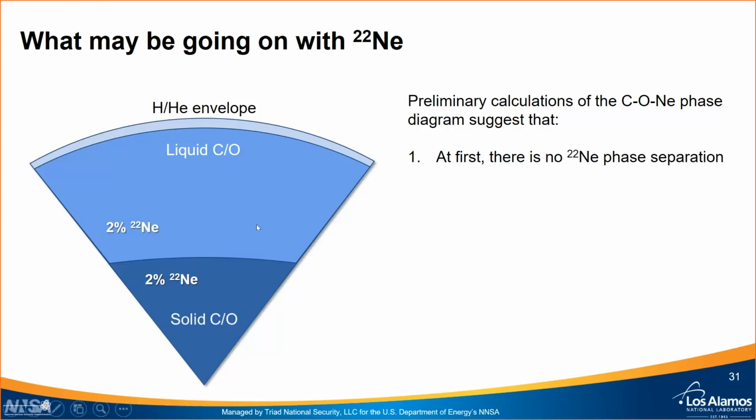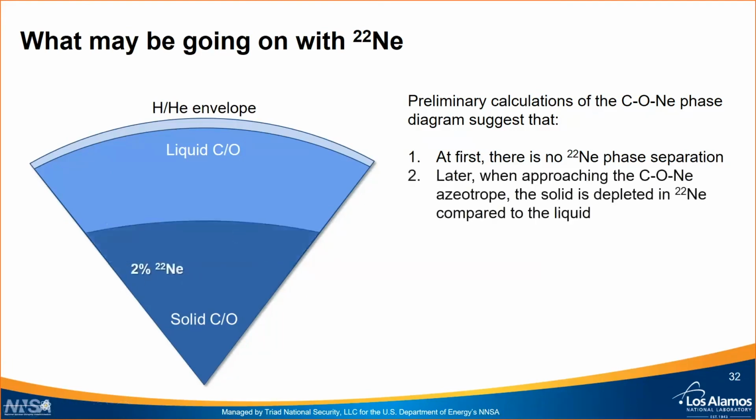What seems to be happening is that at first the white dwarf crystallizes without neon phase separation, so you have as much neon 22 in the solid as in the liquid, but eventually, when about 2/3 of the white dwarf is already crystallized, you start to have phase separation of neon 22.